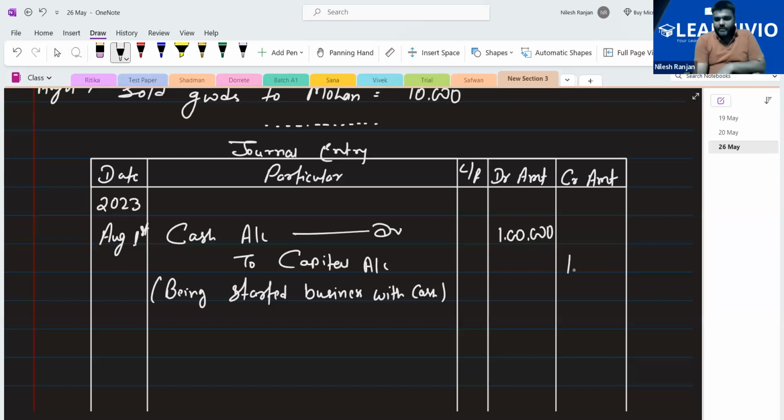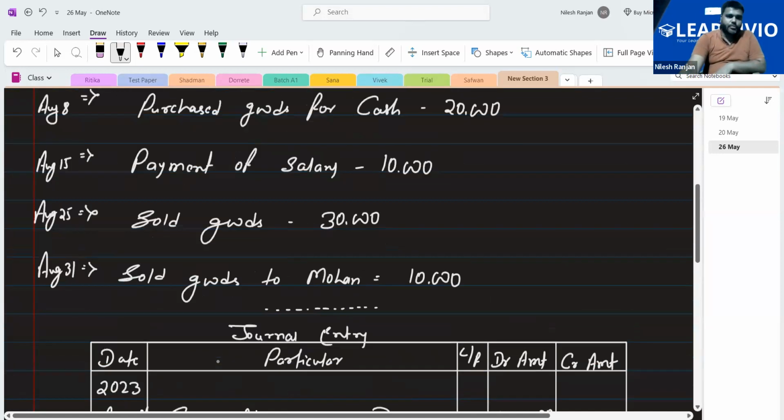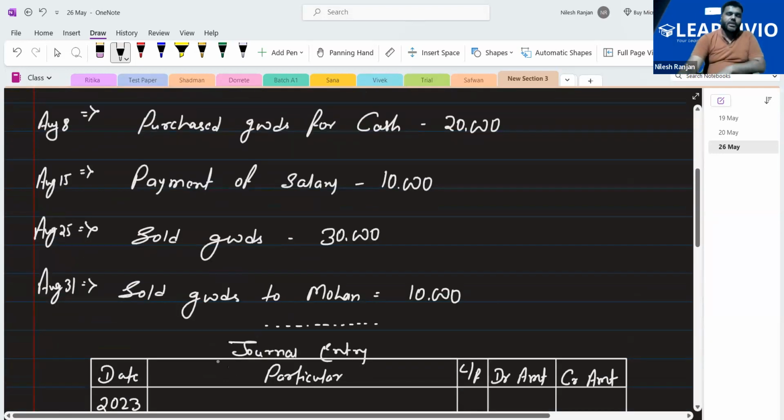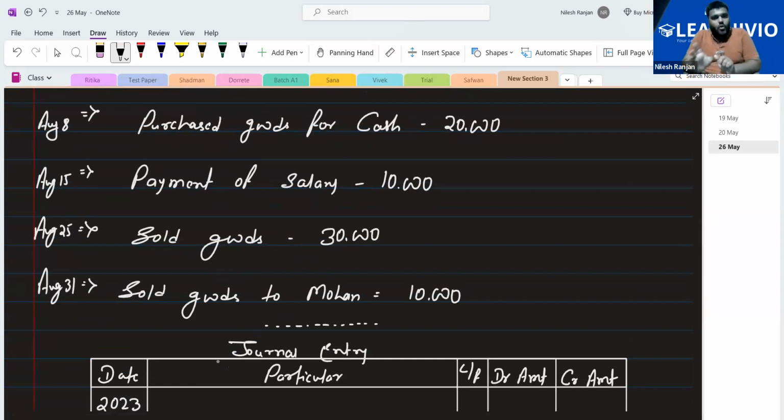Now the second one. Second one is purchase goods for cash. Now in this transaction, you can treat purchase or goods. You can take any one of these two.